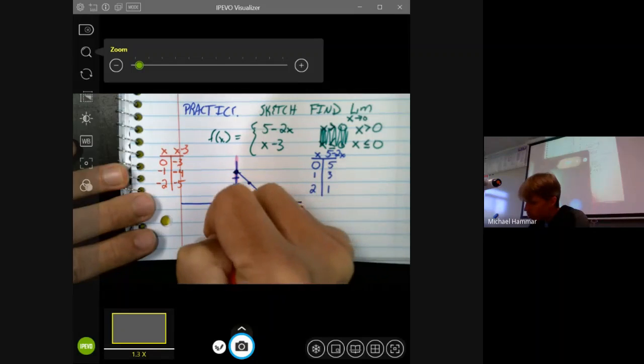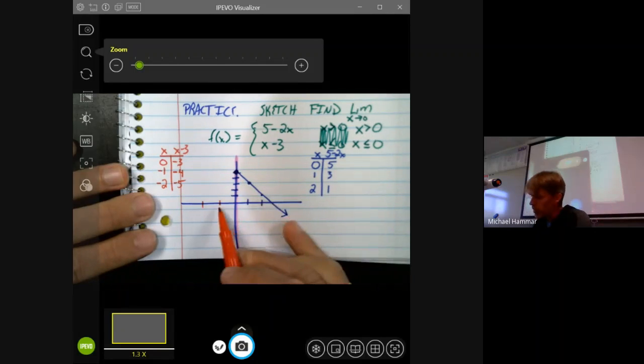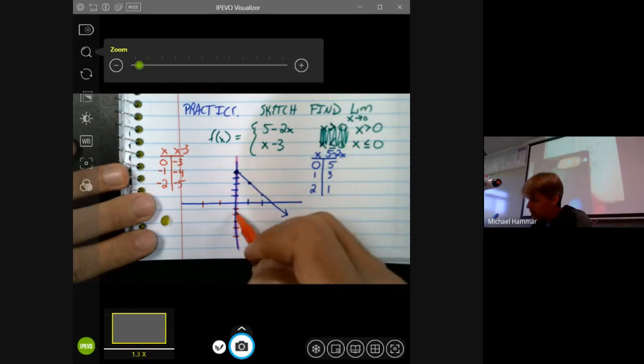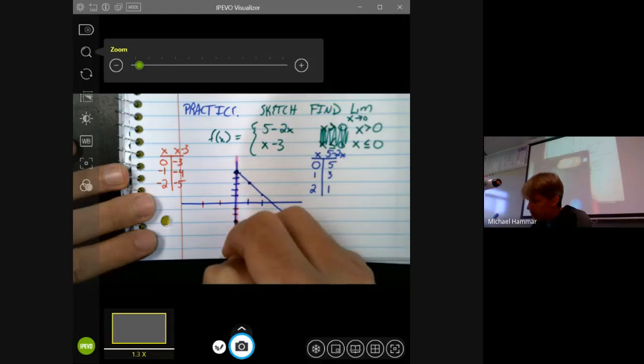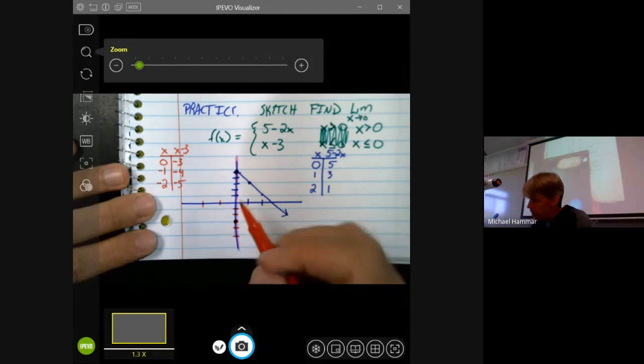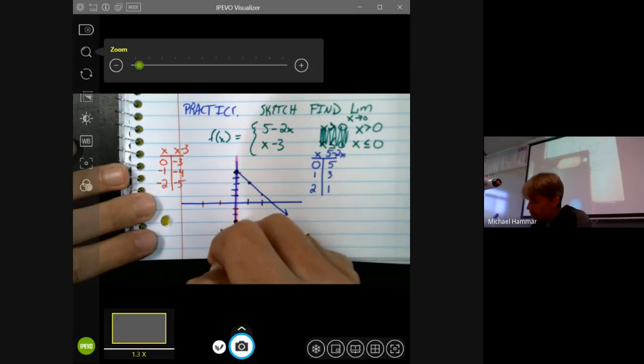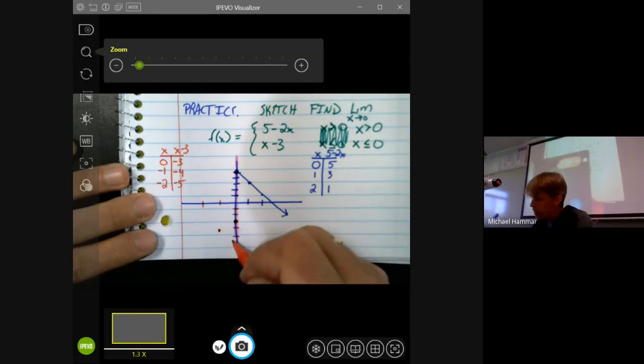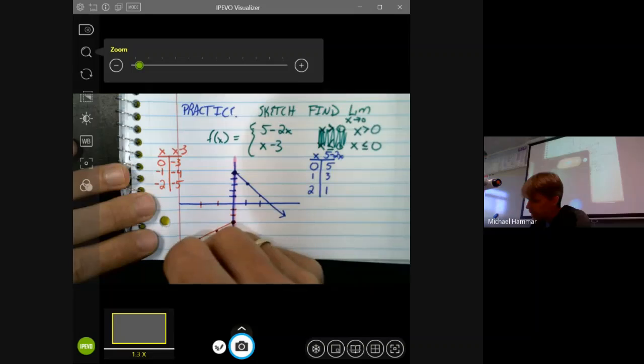So I'm going to plot in these values. I'm going down 1, 2, 3, 4, 5, and I know at 0, I'm at -3. I know at -1, I'm at -4. And I know at -2, I'm at -5. So this is my line that goes on this side.